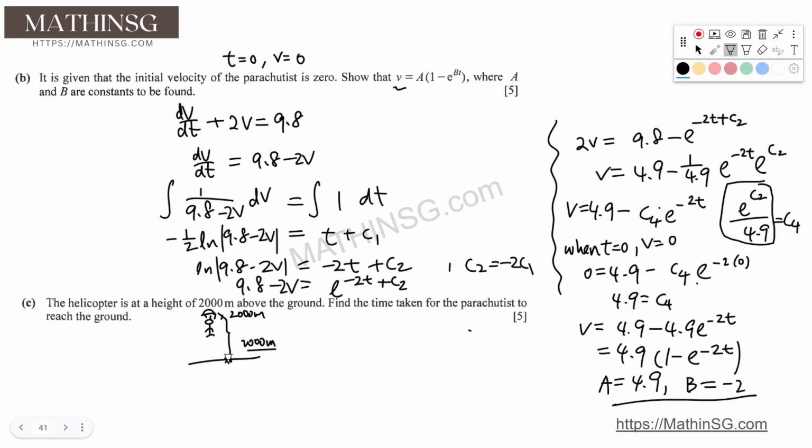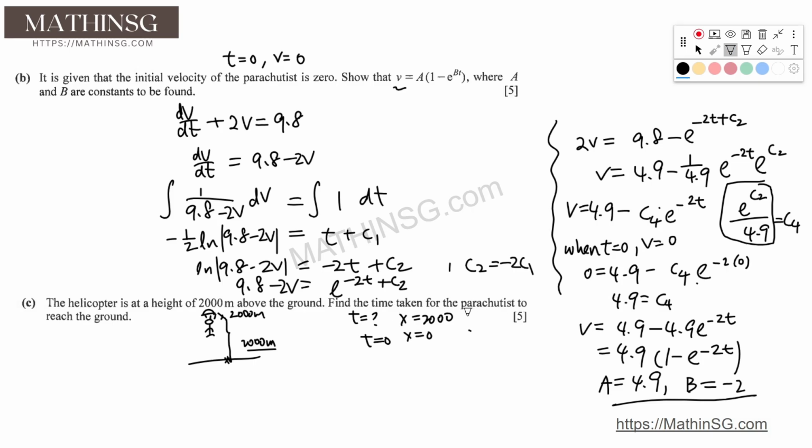He needs to travel downwards by 2,000 meters. So we need to find what is t when x is 2,000. Take note how they define x: x is the distance fallen. At the start, the distance fallen is 0. When he reaches the ground, the distance fallen should be 2,000 meters. So we need to find what is t when x is 2,000.